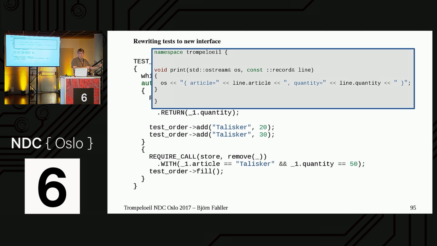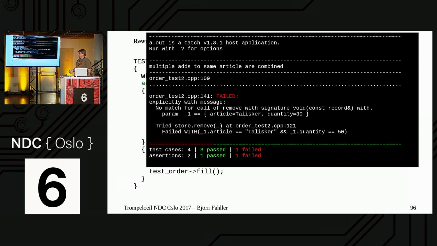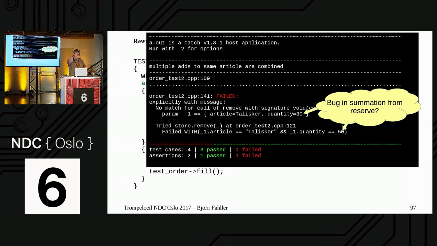That cache may be important in a test to understand what's happening, but it may not be something you normally want to write. So with this, we see instead this failure, that it was an unexpected call to remove 30 Taliskers when there was an expectation to call remove 50.